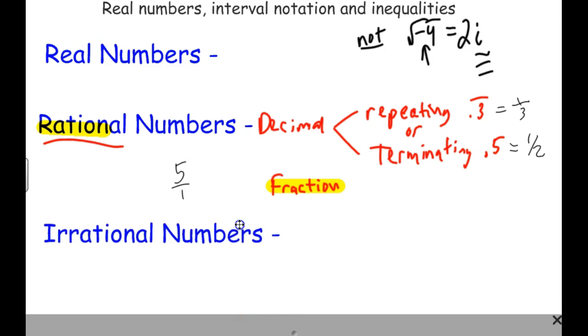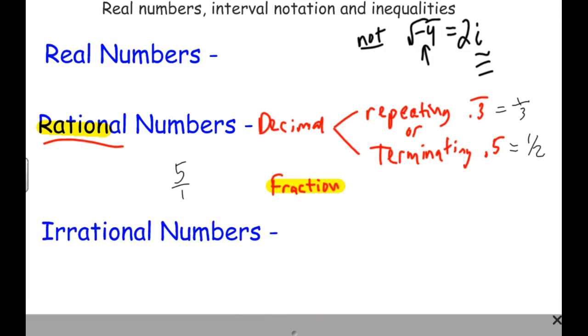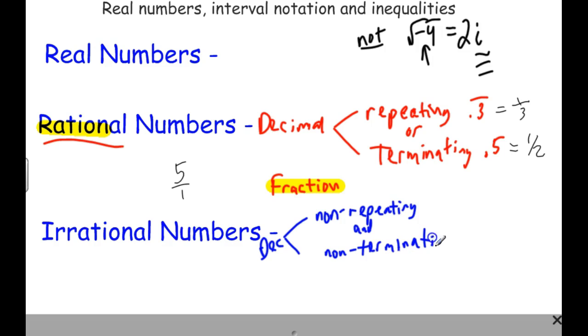Irrational is a number you can talk about two different ways. Let's talk about the decimal first. The decimal is non-repeating, so it doesn't repeat, and non-terminating. The most famous irrational number would be pi.